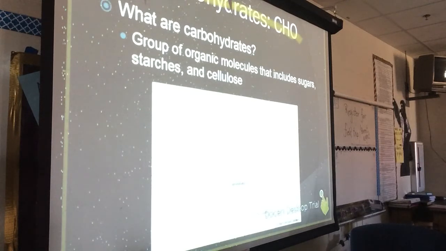These 3 elements are in carbohydrates. So, question is, what are carbohydrates? Carbohydrates include sugars, starches, and cellulose. So you don't forget, if you want to write out, that they have carbon, hydrogen, and oxygen.